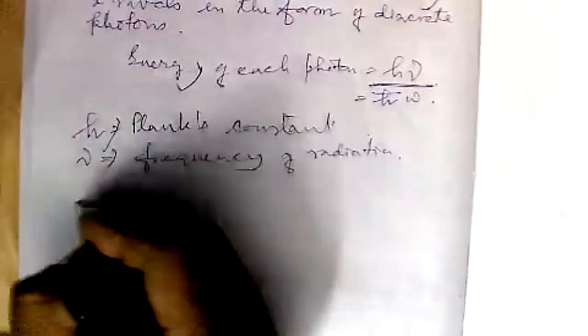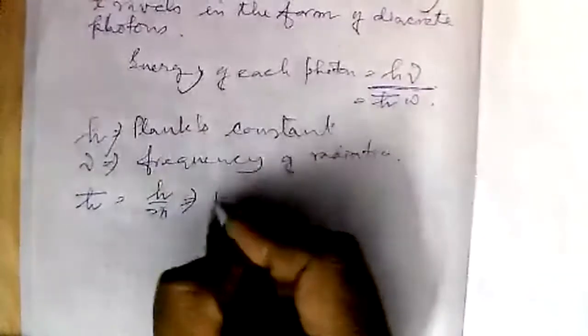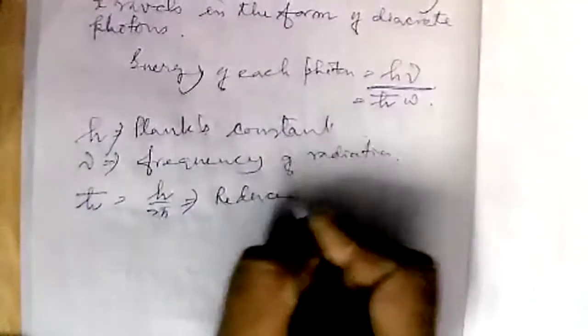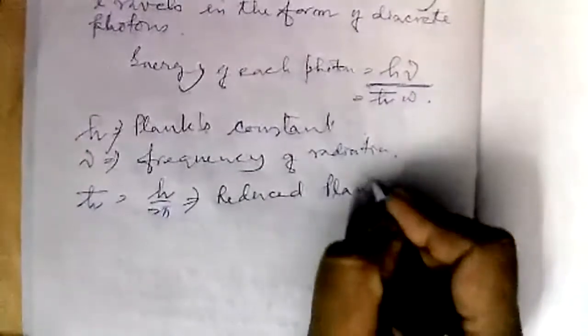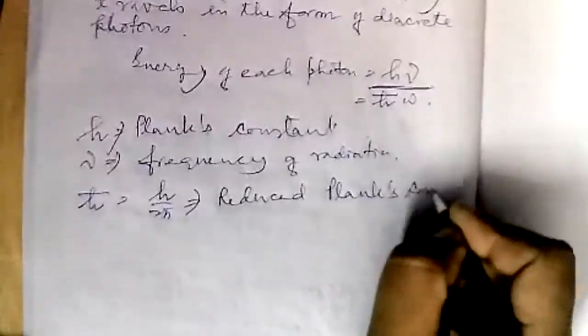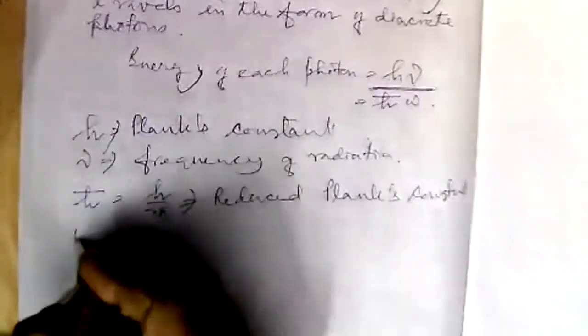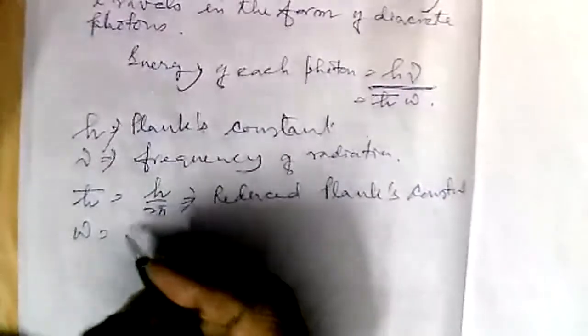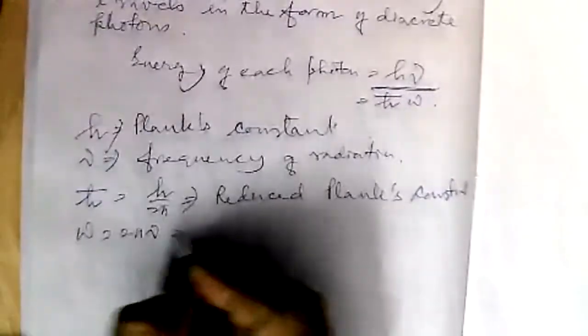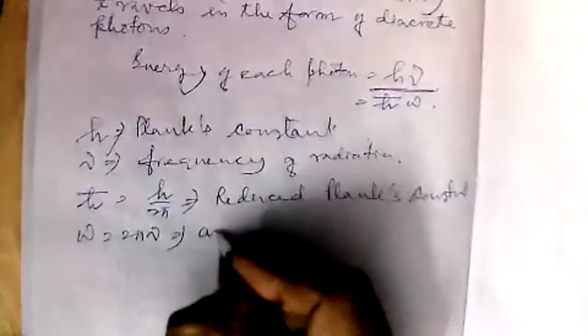That is why we get that type of result in the photoelectric effect. Now h-bar is equal to h by 2 pi. This is known as the reduced Planck's constant. And omega is equal to 2 pi nu. This is known as angular frequency.